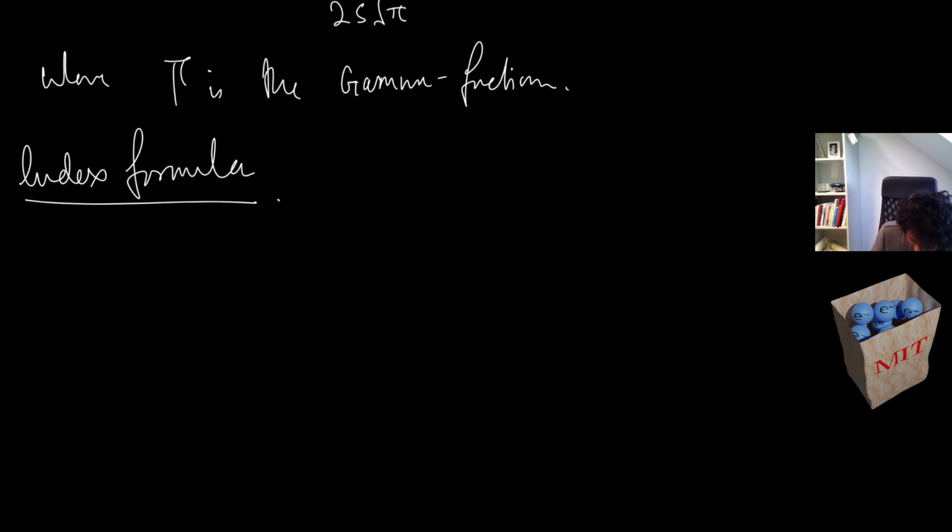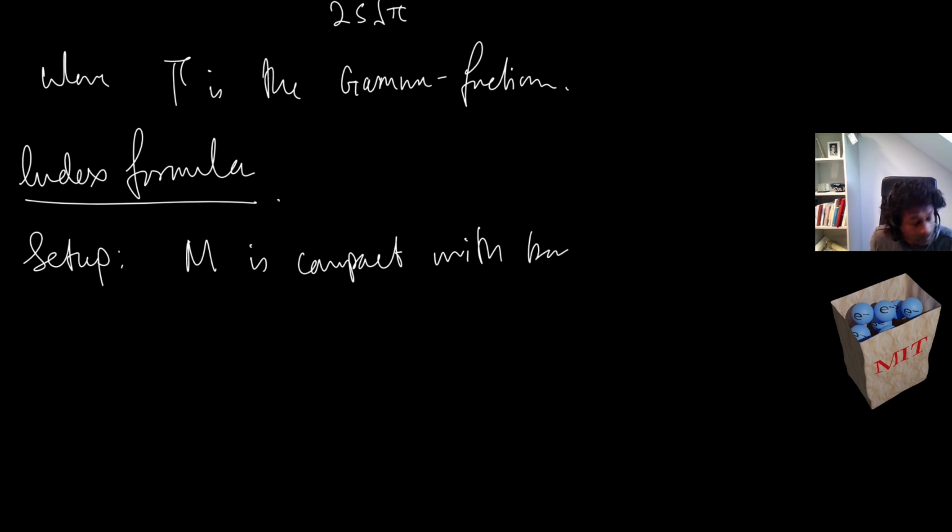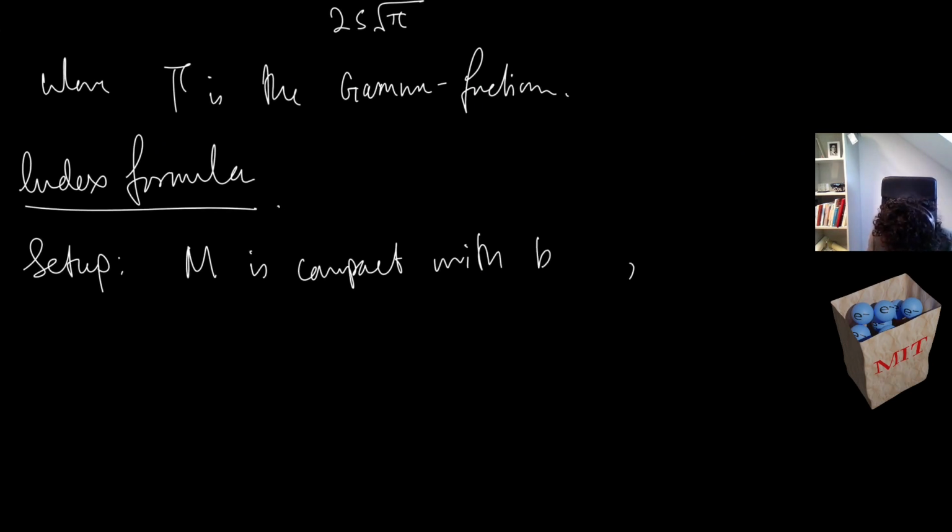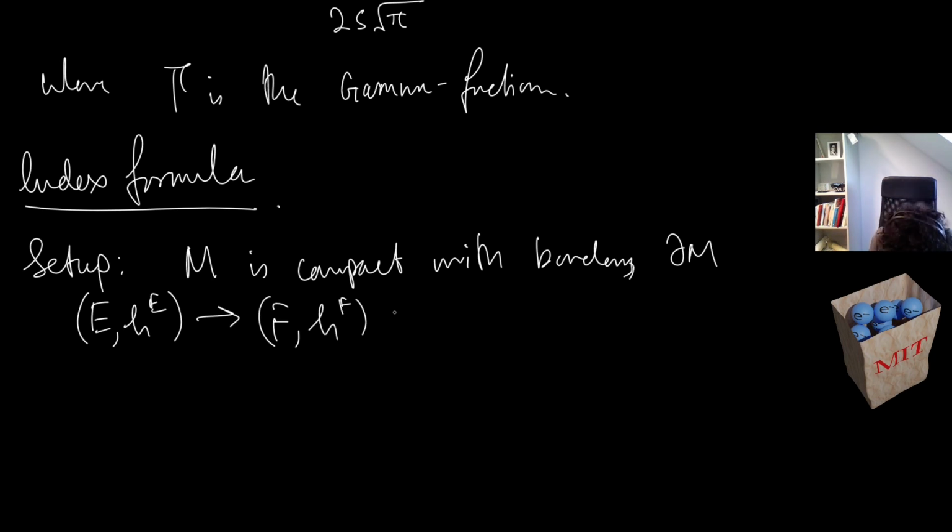So what do we need for this? Let's look at the setup. Now let's return to the setup where M is compact with boundary. And we have E, h_E, and F, h_F.